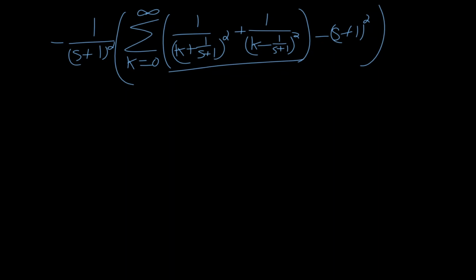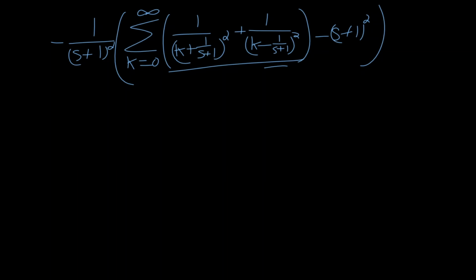And so if you plug in negative k, that means that this right term right here, well, you're going to end up with minus k minus 1 over s plus 1. But you factor out the negative because of the squared, it just becomes positive. And the term on the left, you do the same thing. You have minus k plus 1 over s plus 1, but that right there is just equivalent to, because it is squared, k minus 1 over s plus 1.